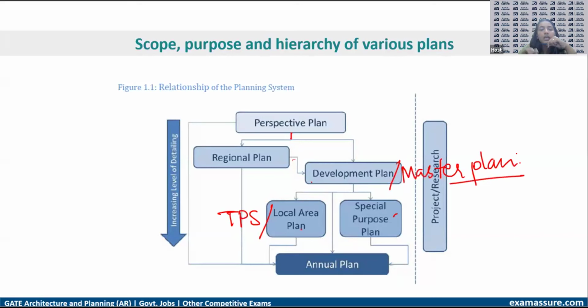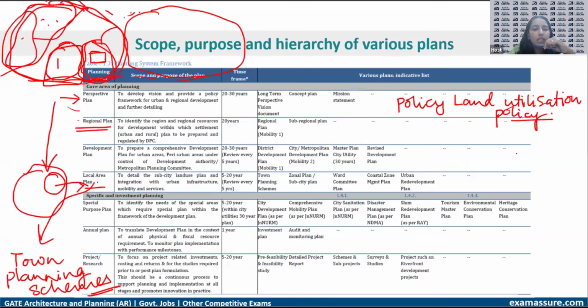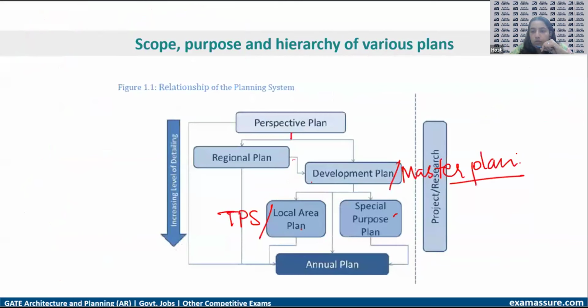And then you have annual plans, where it is primarily more from the economic and investment perspective, in terms of how the fiscal or monetary management is going to be done for executing all the schemes, or the plans that have been proposed.